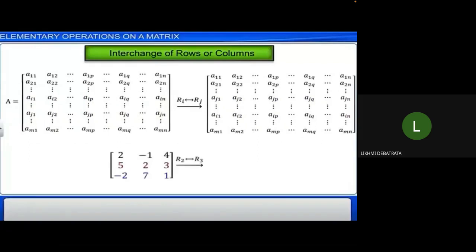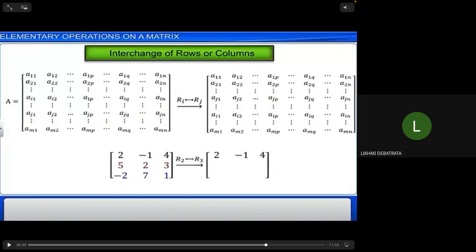Let us take an example. When you see the example, it is an easy task to understand. The given matrix is [2 -1 4; 5 2 3; -2 7 1], with R2 ↔ R3. What is the second row in this? Can anyone say?